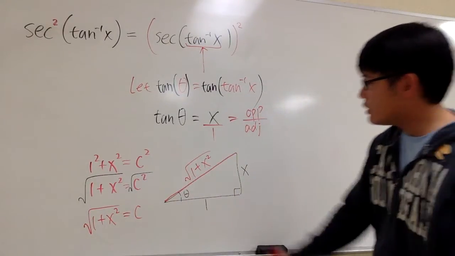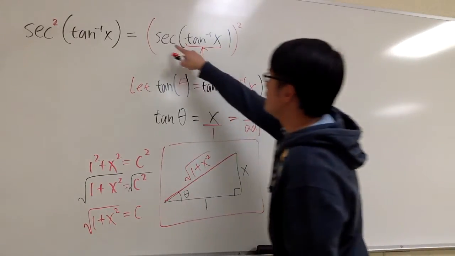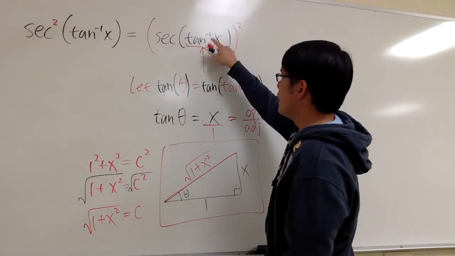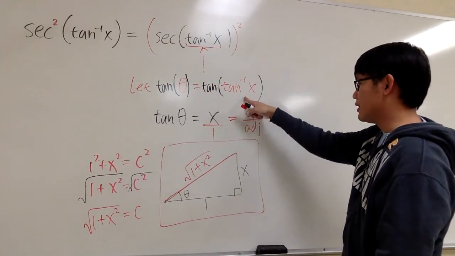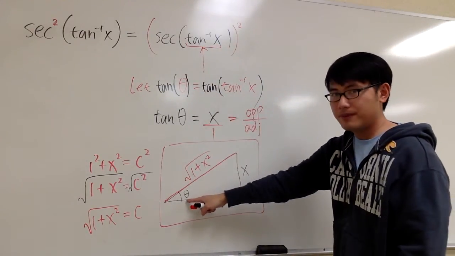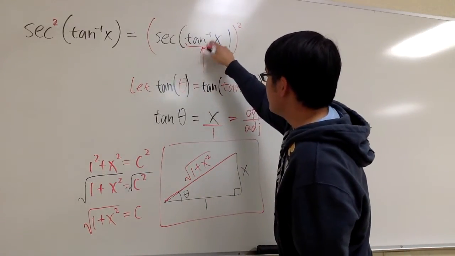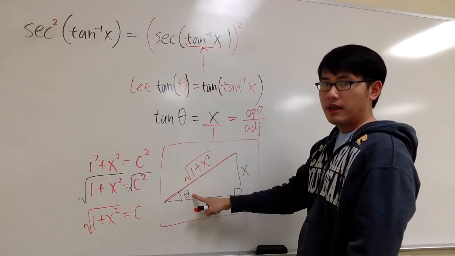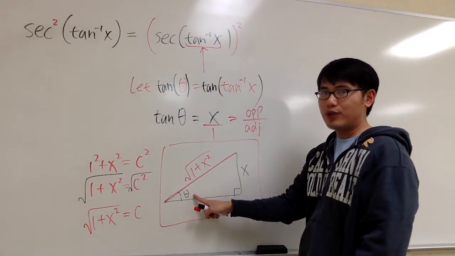With this picture right here, we can answer what's secant of an angle. And this angle is exactly the arctangent x, the inverse tangent x, which is right here. To get secant of this angle, you just have to ask yourself, what's the definition of secant in a right triangle?